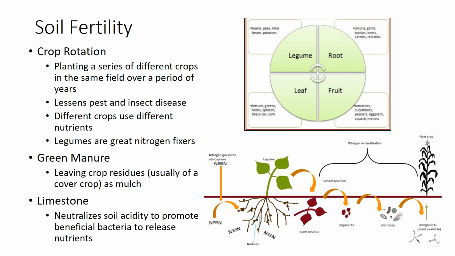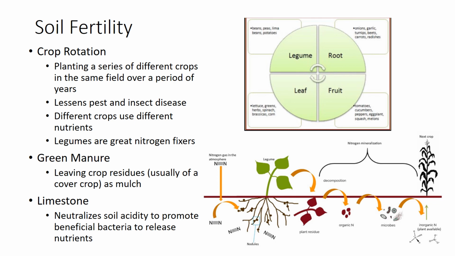But then, if I were to rotate through, maybe the root vegetables don't use as much, and legumes are actually nitrogen fixers, so they'll actually lock nitrogen into the soil. And so when the tomatoes come back, I'll have lots and lots of nice nitrogen in the soil there for them. Whereas if I planted a nitrogen heavy plant in the same place every single year, I would need to amend that soil with more nitrogen.